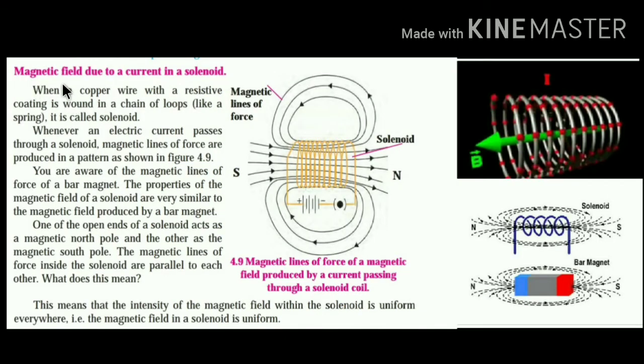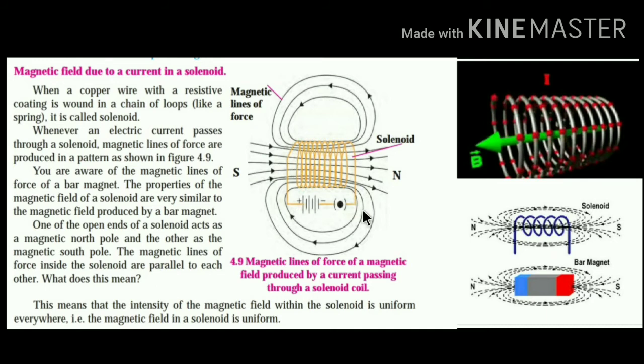Next point, magnetic field due to a current in a solenoid. So let us see what a solenoid is. When a copper wire with a resistive coating is wound in a chain of loops, like a spring, this is called a solenoid.